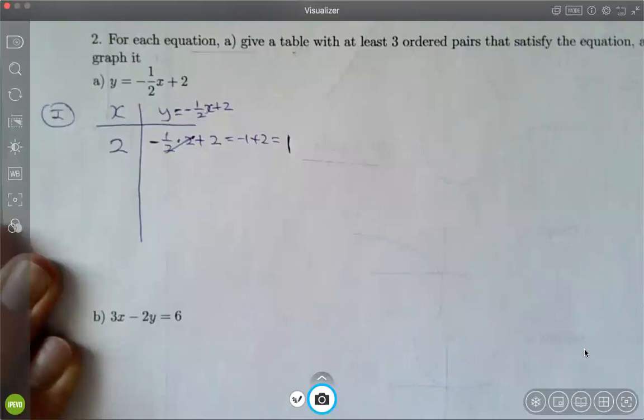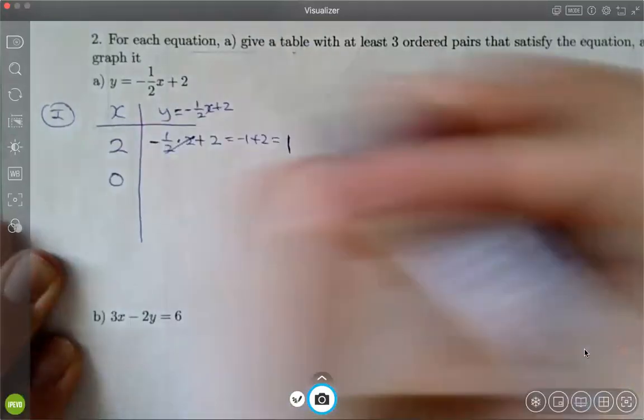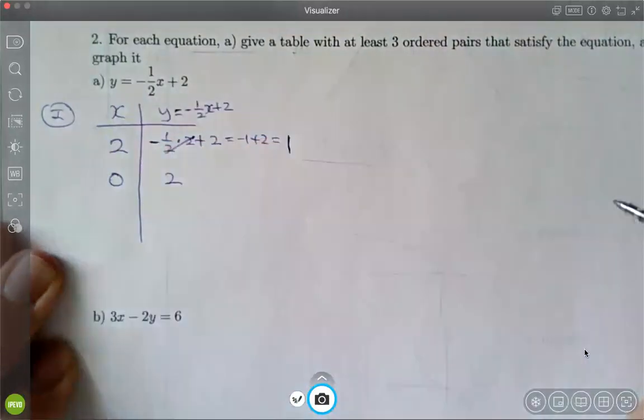Well, there is even a better number. 0. Oh, 0. Yes. So when you plug in 0, what do you get? Just 2, right? Okay, now plug in one more.